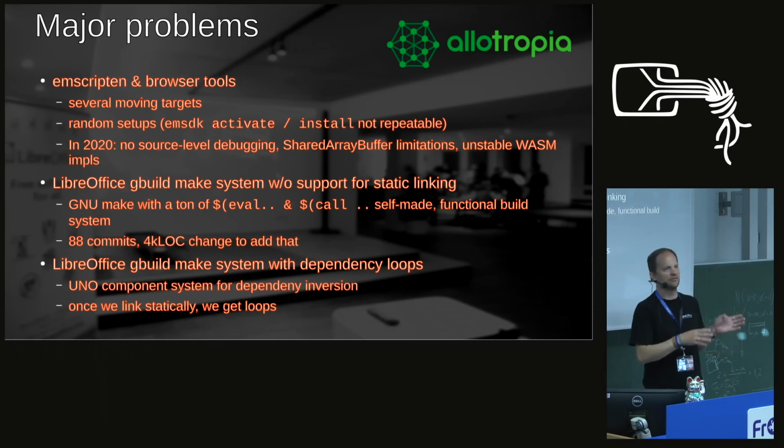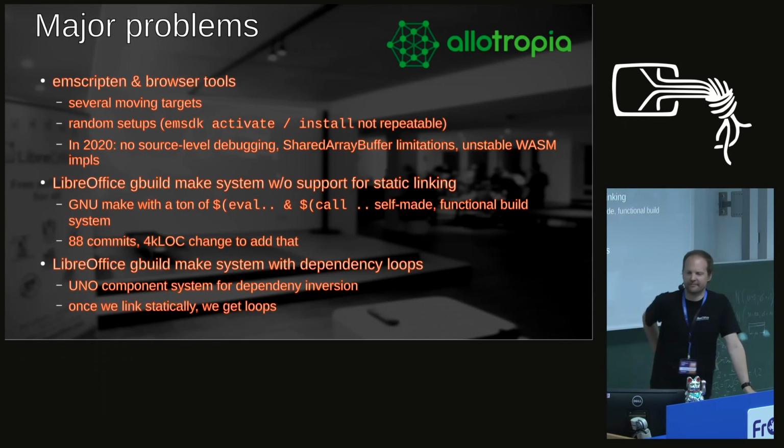There was a hack for Android, using a parallel build system just to shove it all into one Android binary, and that's something we really didn't want, having a parallel build system. Also, we were only building part of LibreOffice and really wanted to link only that part. We didn't want to link it all, because what's the point in stripping it down and then linking everything? So we had to implement that.